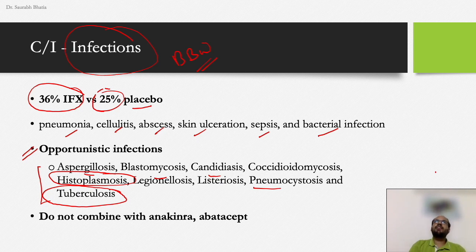So remember, if any patient receiving a TNF alpha inhibitor shows any sign of new infection, you need to screen properly. If there's any infection, let's say any UTI or URTI, it's better to get that treated and then start infliximab. Do not combine with anakinra or abatacept or any other TNF alpha inhibitors because it increases the chances of infection.